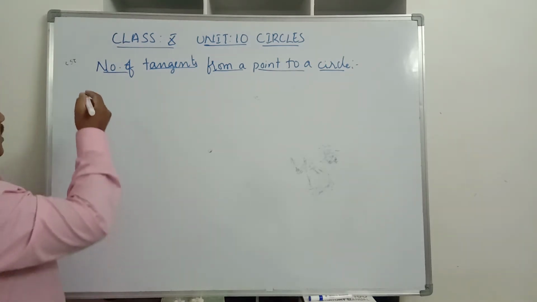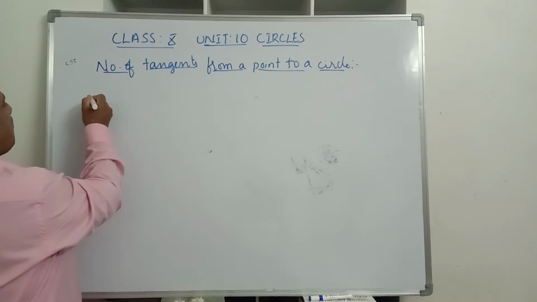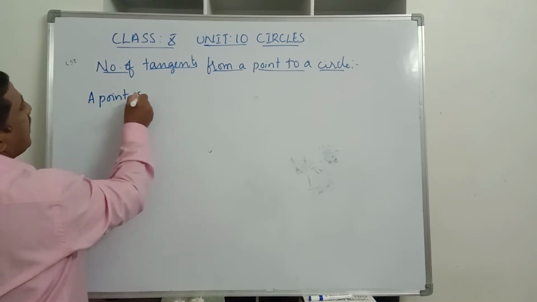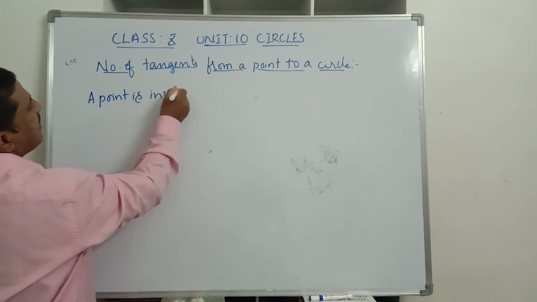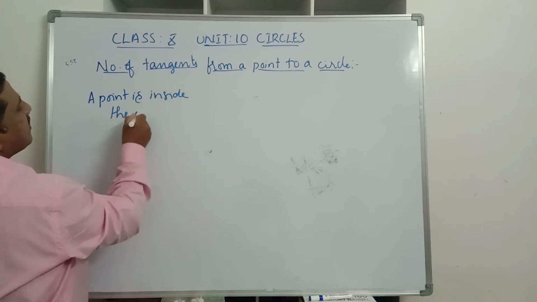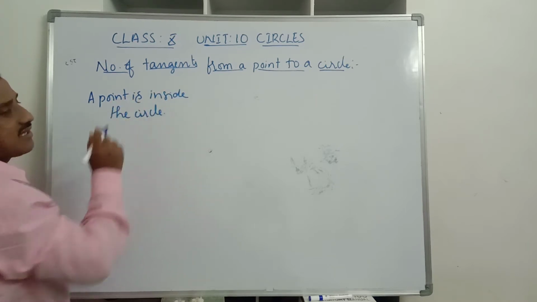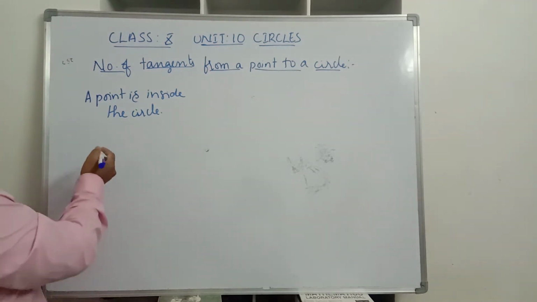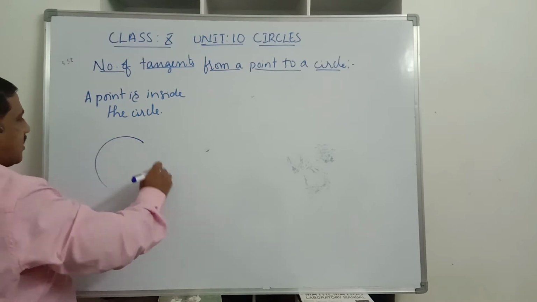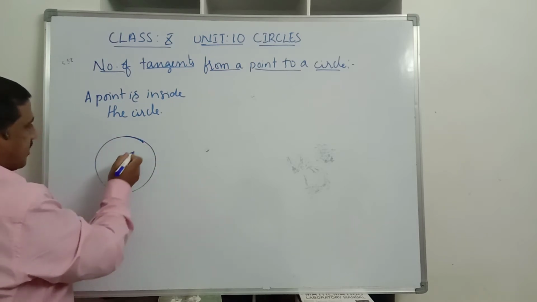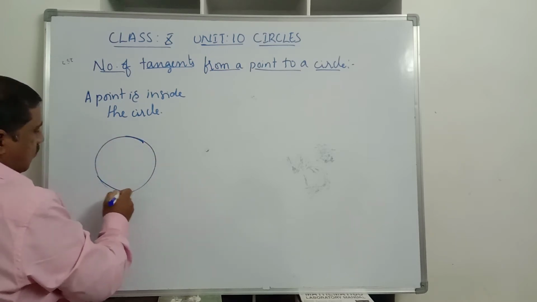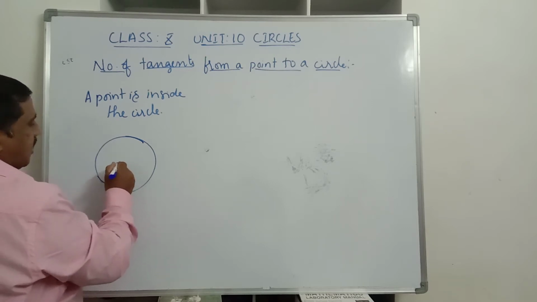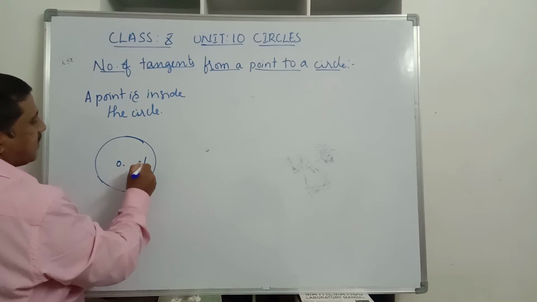So here a point is inside the circle. How many tangents can we draw? We will discuss. Take a point inside the circle: draw a circle with center O, and take a point P inside the circle.